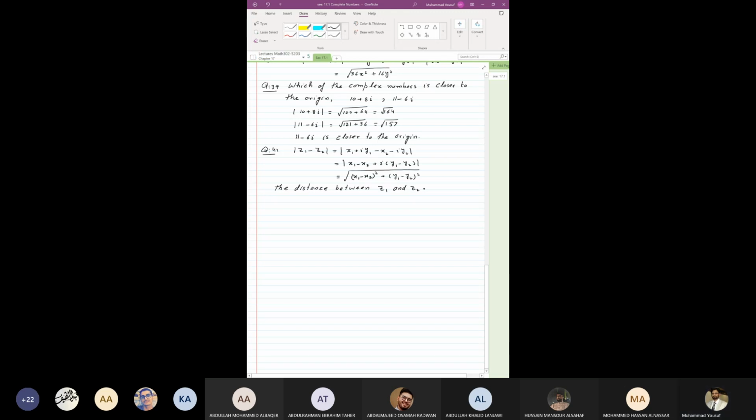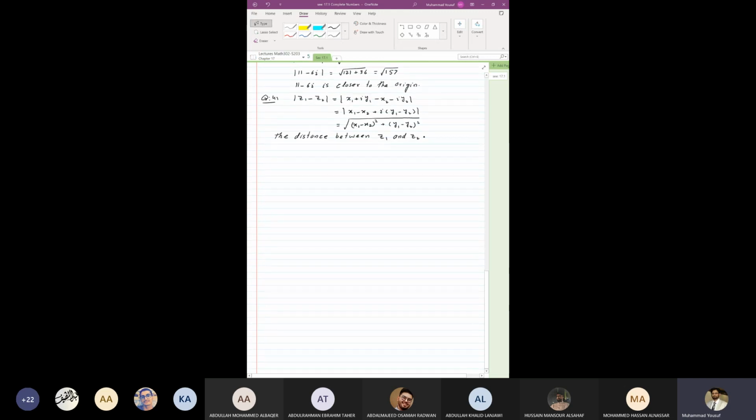And also these complex numbers satisfy another thing which is called the triangular inequality.